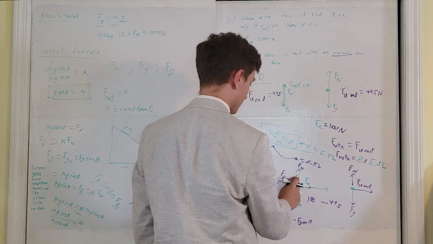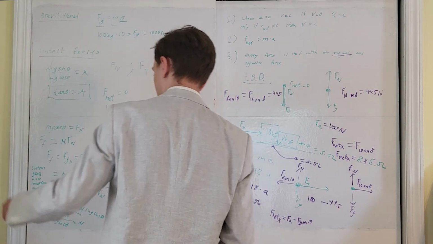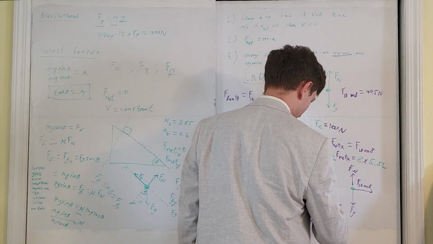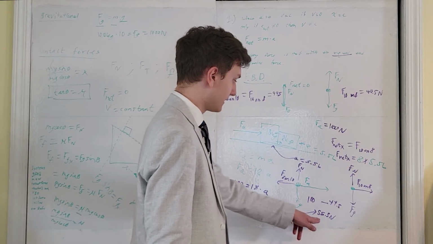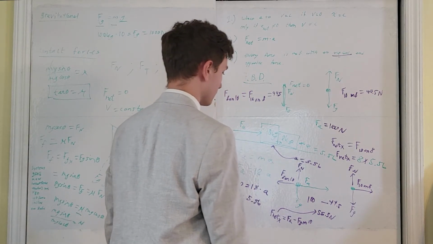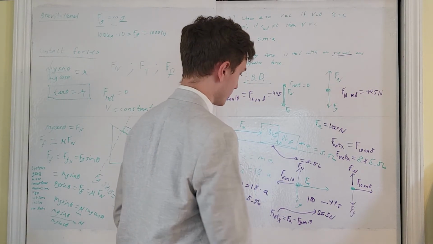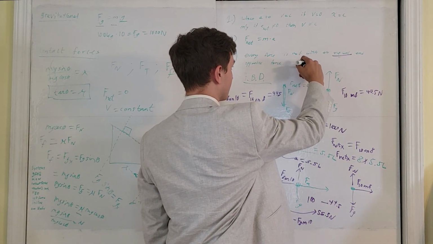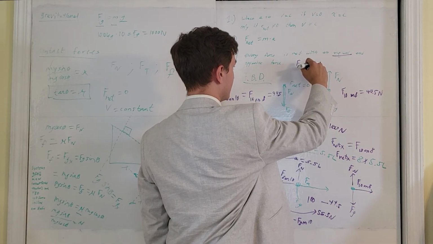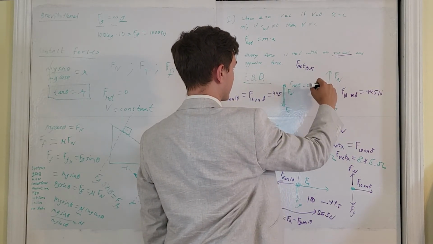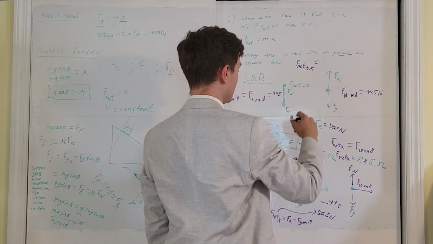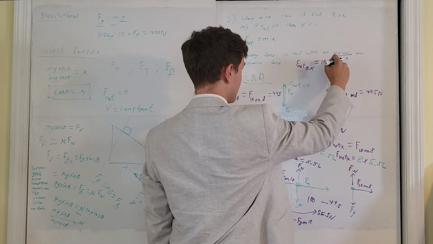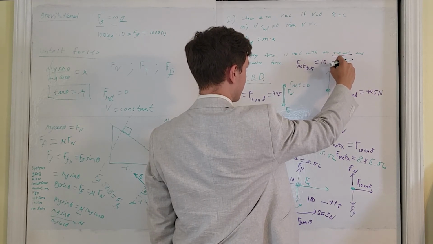Therefore, the net force on the 10 kilogram block is 55.5. Okay? And that should correspond with the Newton's second law equation on this block. If we were to write the net force acting on the 10 kilogram block in the x direction, that would mean that that is the mass of the 10 kilogram block times the acceleration of the 10 kilogram block, 5.56.